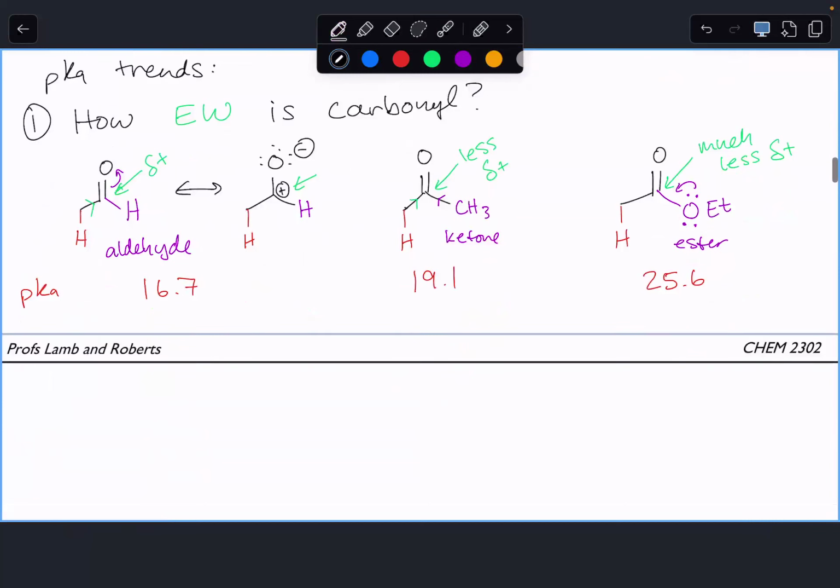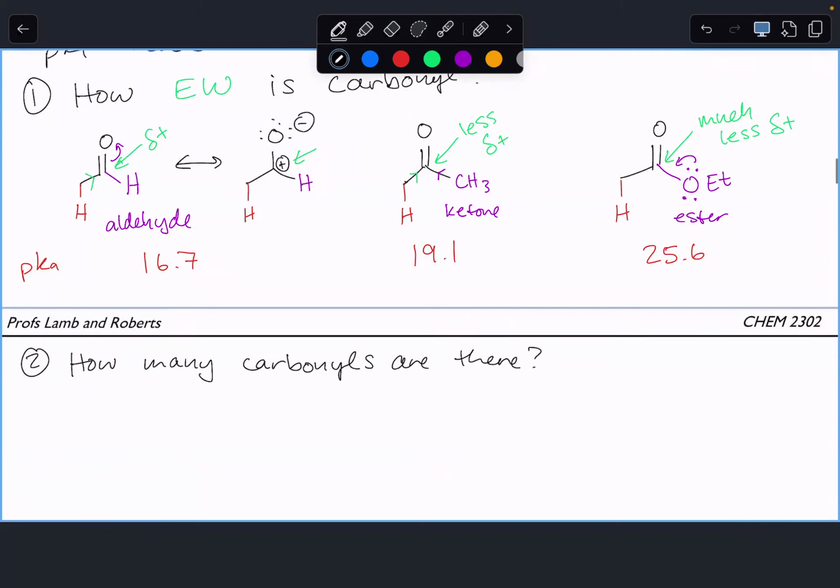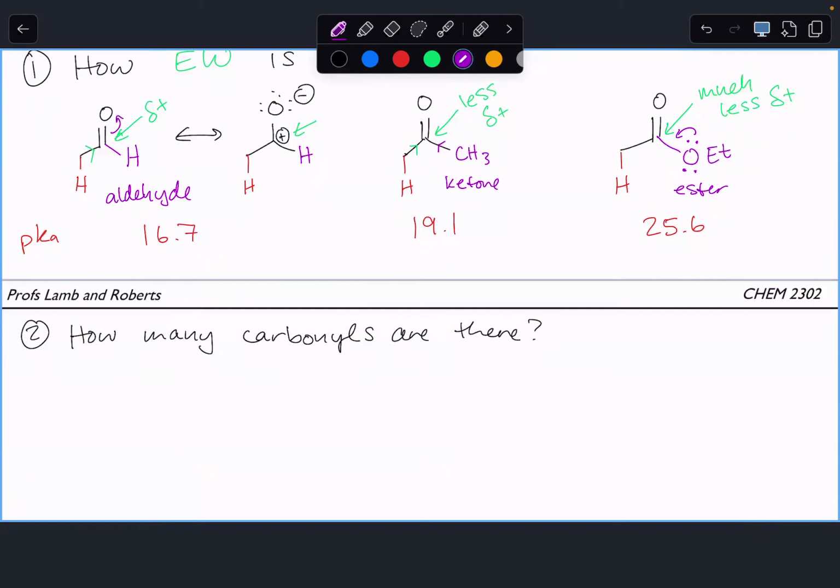The second one I think is much easier. The second one is how many carbonyls are there? Okay. So let's start with two esters, for example.